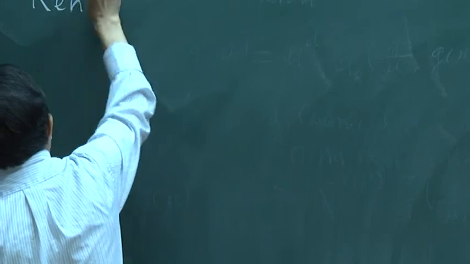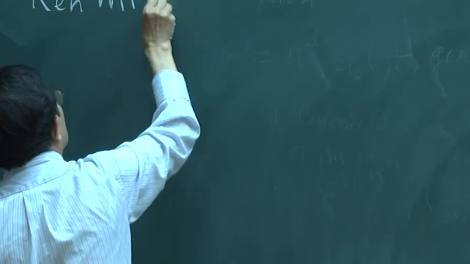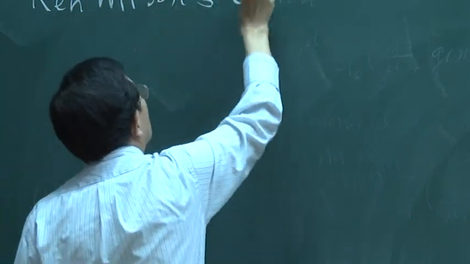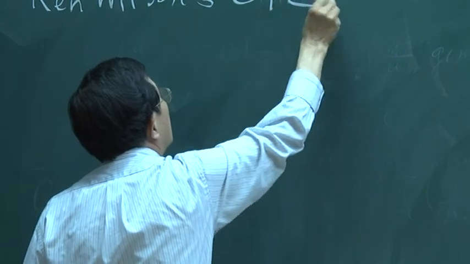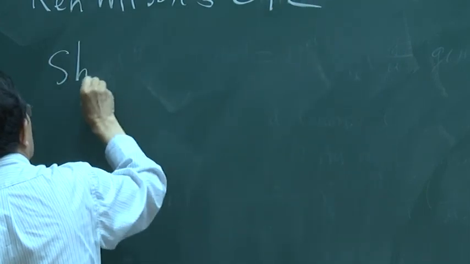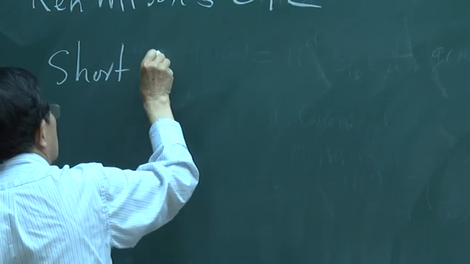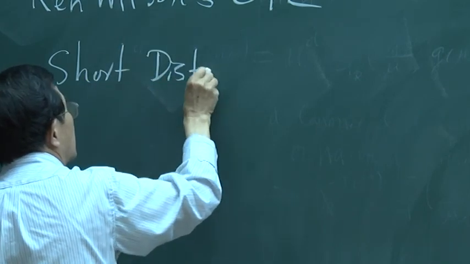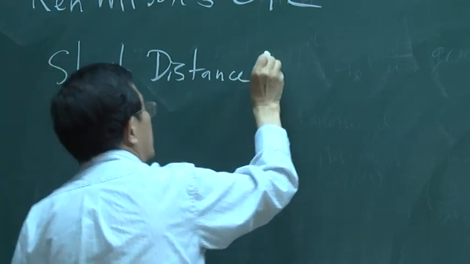So this is an inverse operator product. Now he started with the short distance expansion.